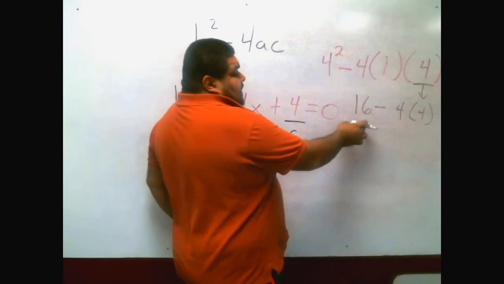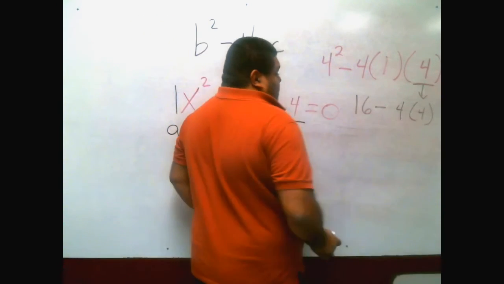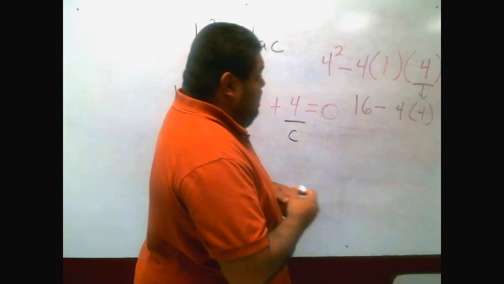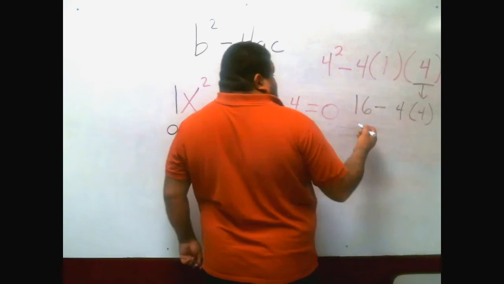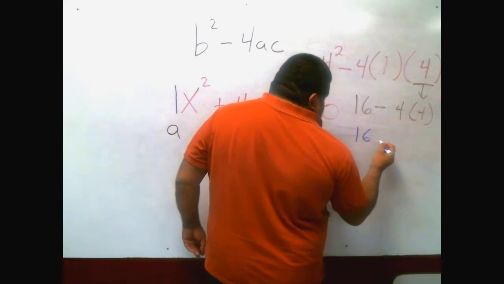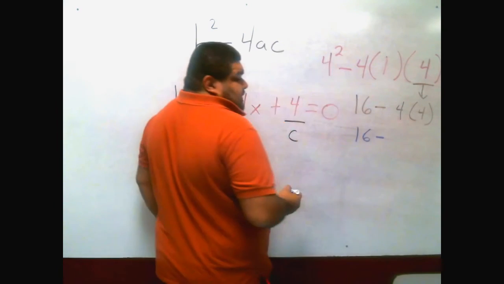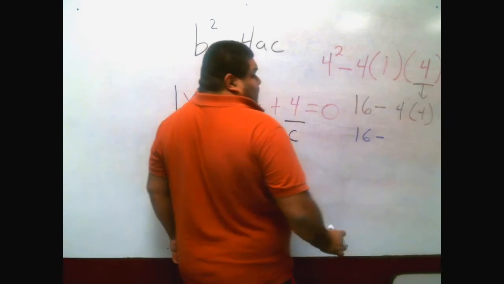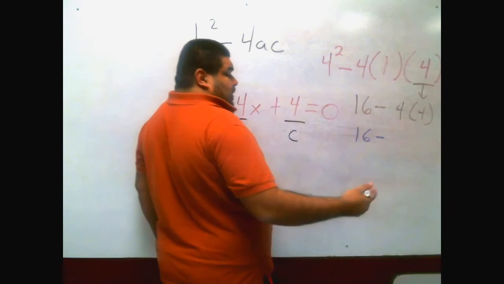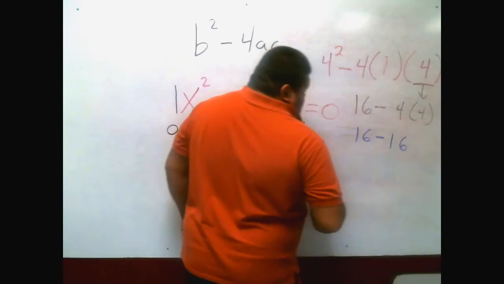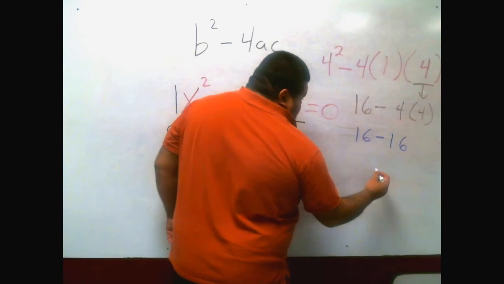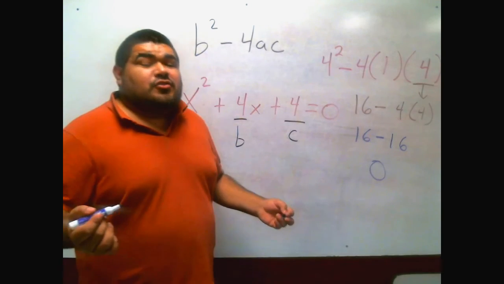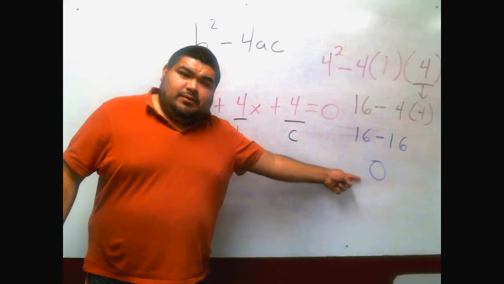So we have 16 minus 4 times 4. 4 times 4 is 16, right? So 16 minus 16 equals 0. And we found the discriminant, which in this case is 0.